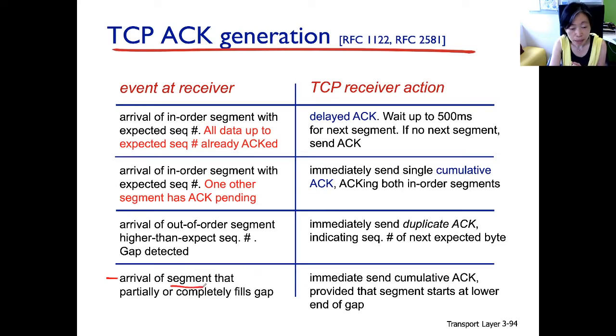So if a segment comes in that partially or completely fills a gap, then we generate a new ACK. The sequence number in the ACK here will still be that of the latest packet arrived in order, so this will acknowledge all the packets before that.